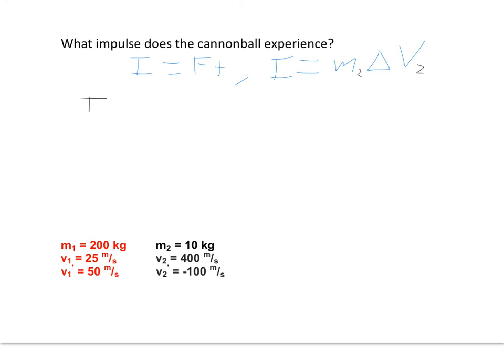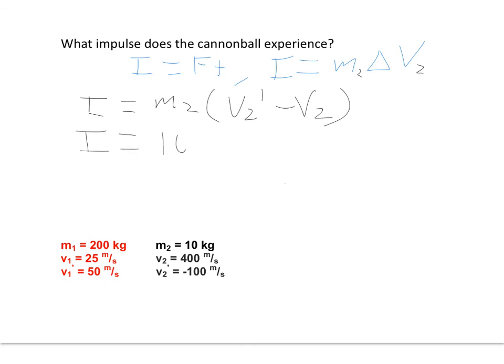Writing it out one more time, impulse is equal to m2 for the cannonball times the final velocity, which we call v2 prime, minus the initial velocity, which is just called v2. I'm just showing you a couple different notations here.